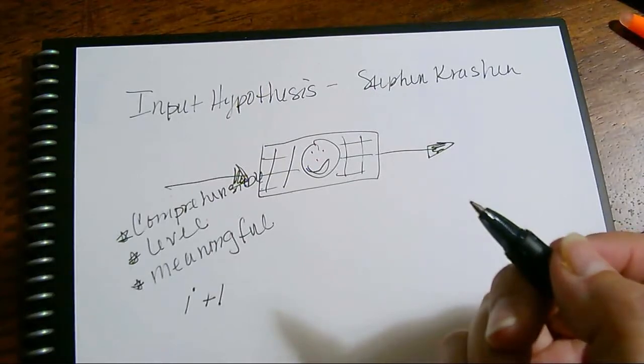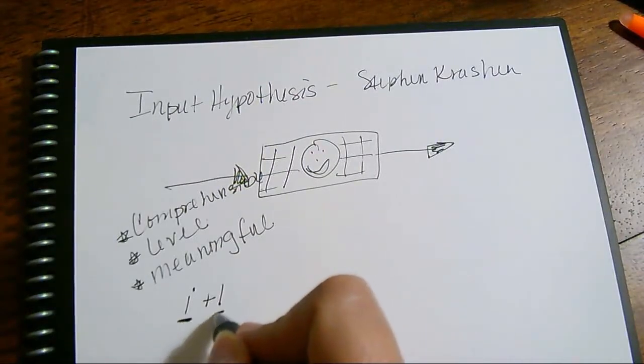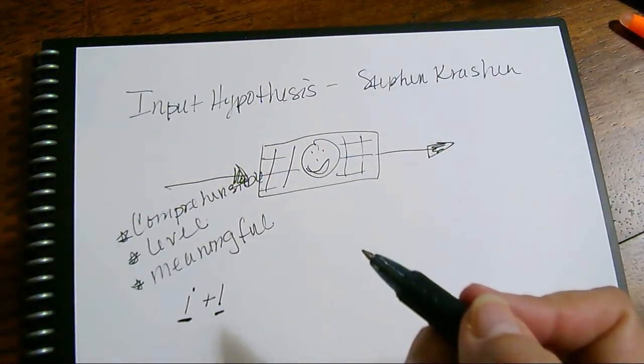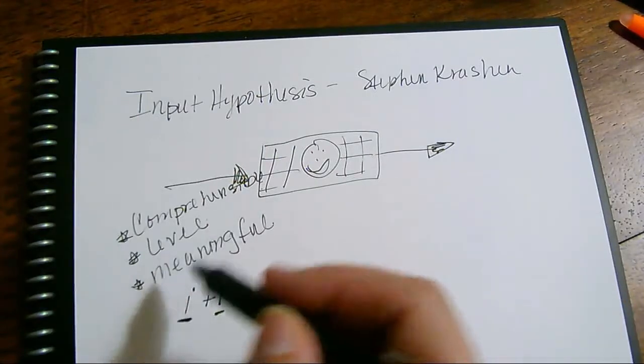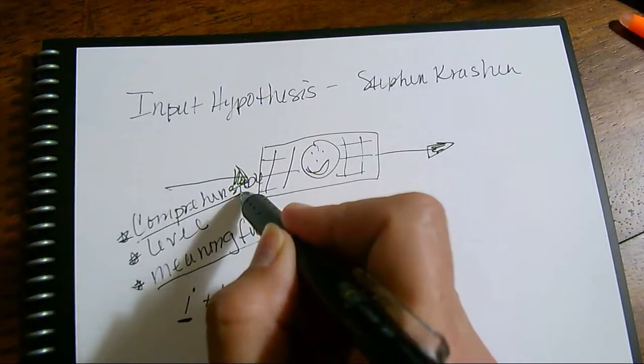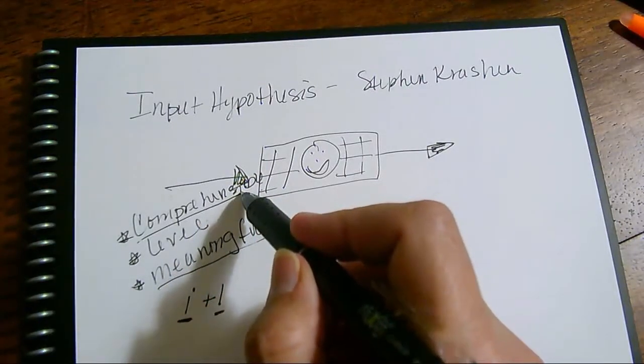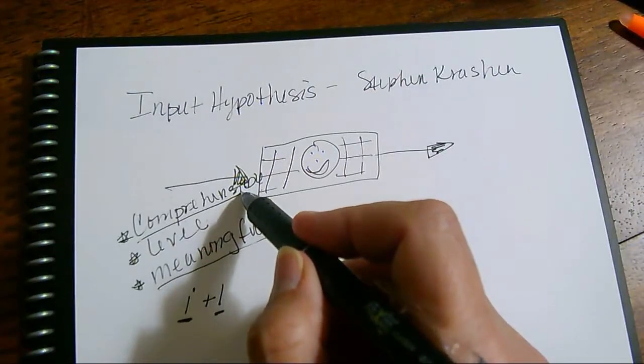This is what we call the I+1. We want to teach students at a level 1, if they're a level 1, but we want to add in some level 2 components, maybe some more challenging vocabulary, but we need to make sure it's meaningful and comprehensible. And you're going to learn many, many different ways of making language comprehensible throughout this course.